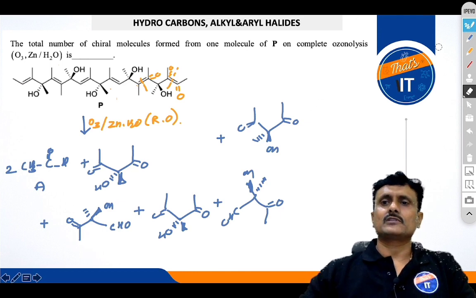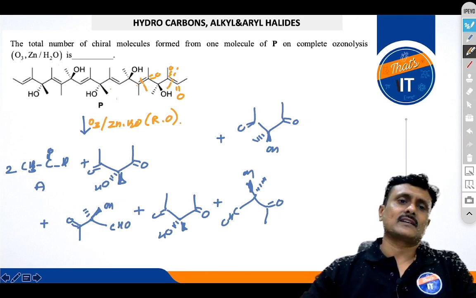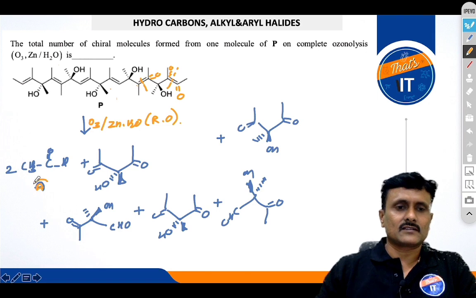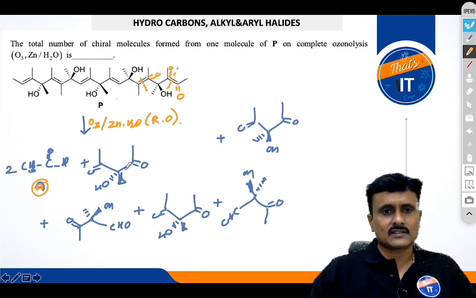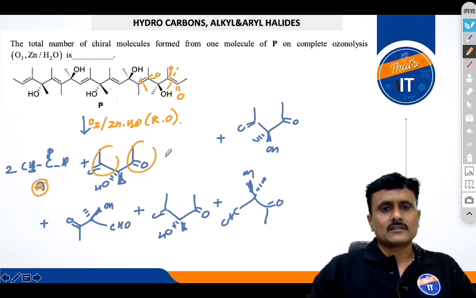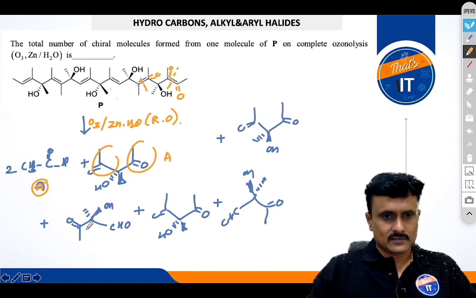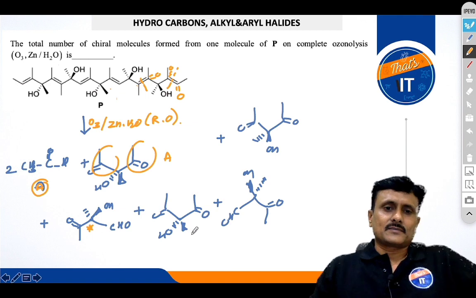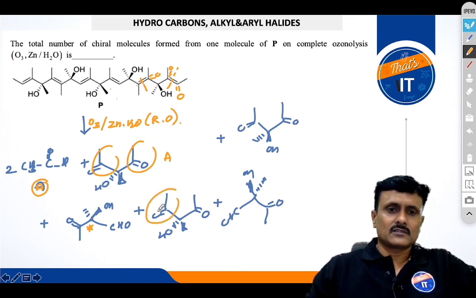Alright. So you need to write the optically active or chiral substances. You can see this is achiral. There are 2 substances which are achiral, and you can see that these 2 groups are same, and this is also achiral. You can see that this is COCH3, this is CHO. This is a chiral substance, and this also has these 2 groups equal.